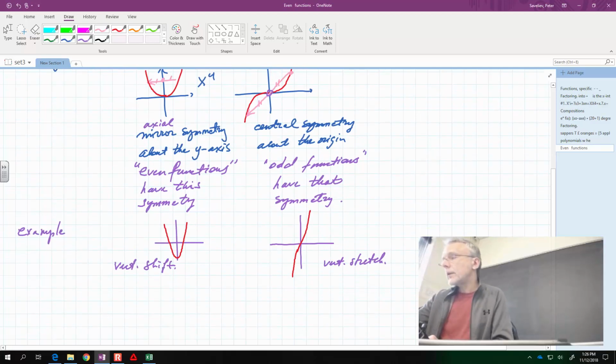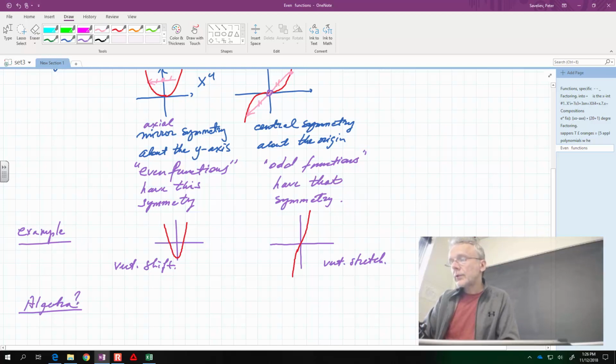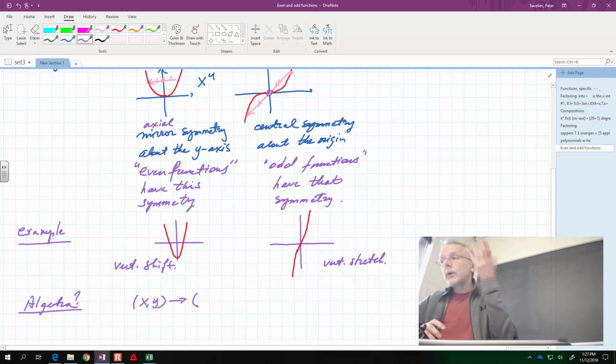Okay, so this is all good, but our interest is algebra. We know how to describe these transformations algebraically. So if you remember, under this flip about the y-axis, where does (x, y) go?